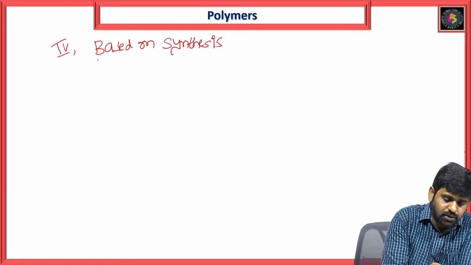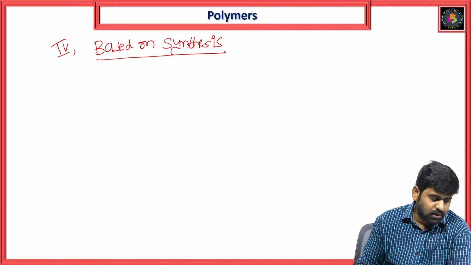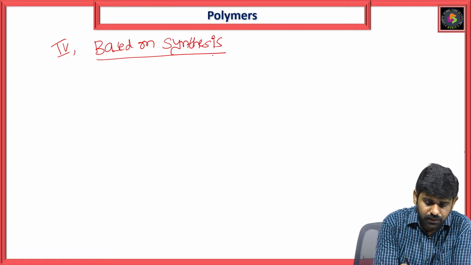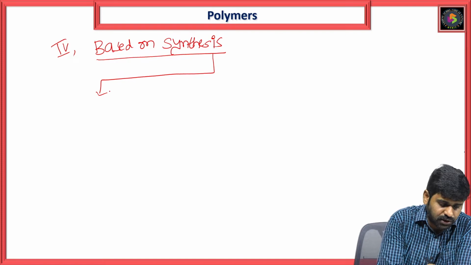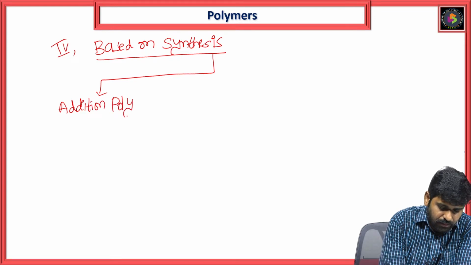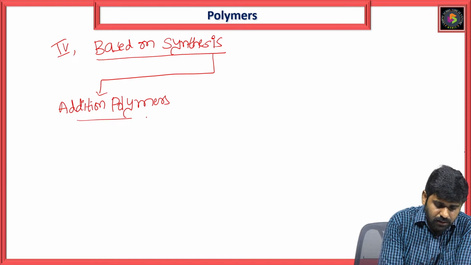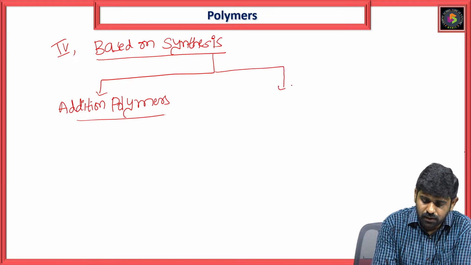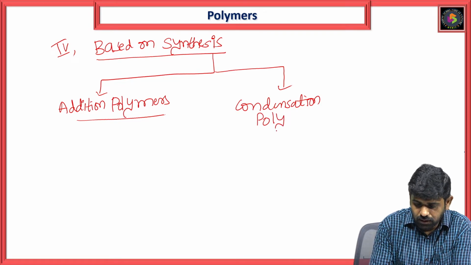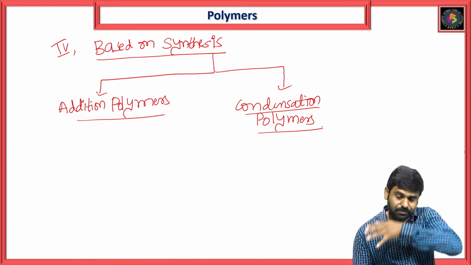So based on synthesis, again polymers are of two types: addition polymers and one more, that is condensation polymers. Addition and condensation. Addition polymers and condensation polymers.